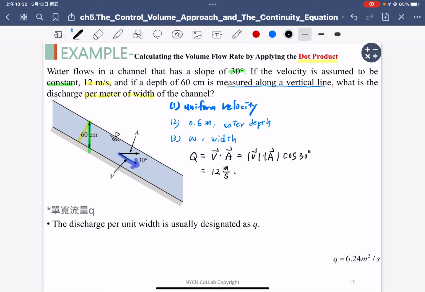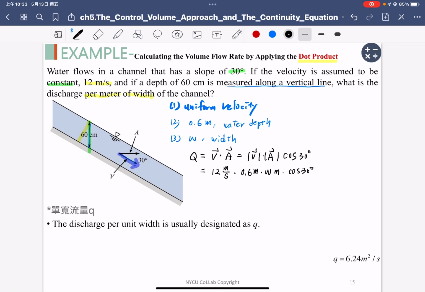We know the water depth is 0.6, and we don't know the channel width, so here I use W. The water depth multiplied by the channel width is the cross-section area. But this cross-section area's normal vector is not parallel to the flow direction, so we need to multiply by the cosine of 30 degrees, right? We do the dot product.